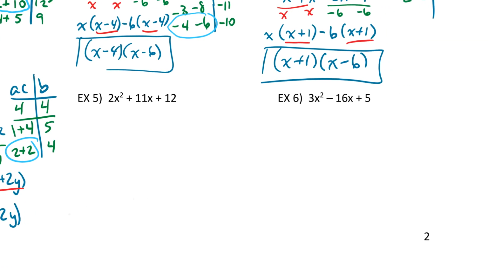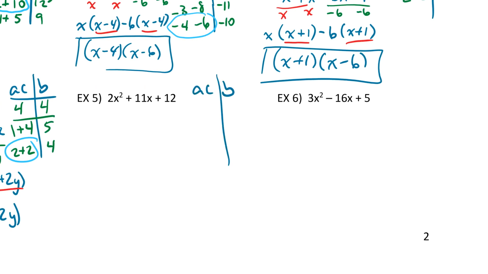All right, example 5. So starting with the chart, A times C would be 2 times 12, which is going to be 24. And B is 11. So factors of 24 are 1 and 24, 2 and 12, 3 and 8, and 4 and 6.